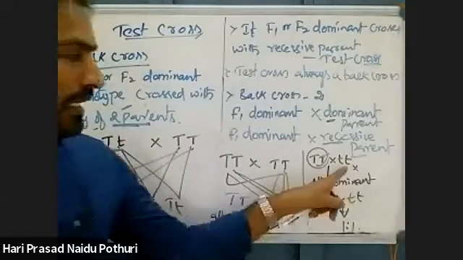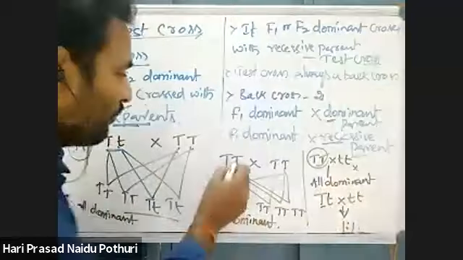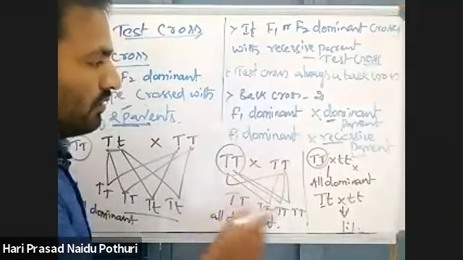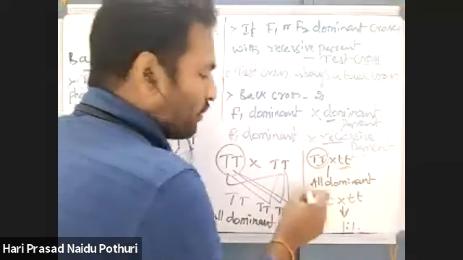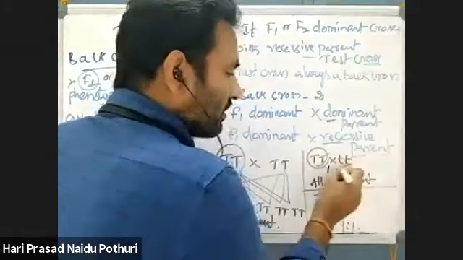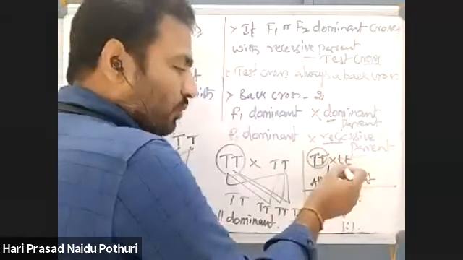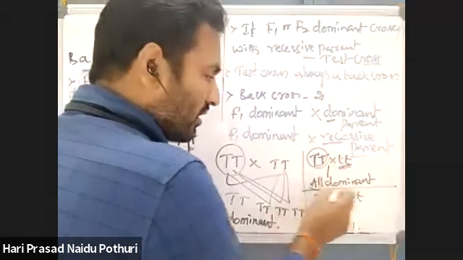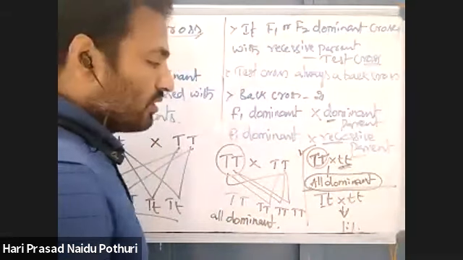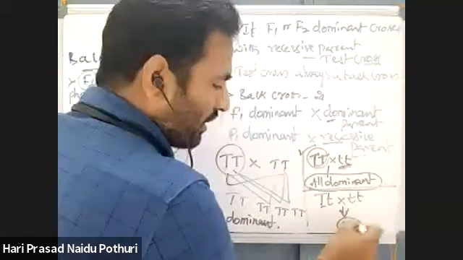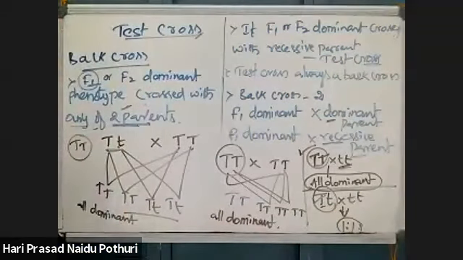So by selecting the recessive parent, we can find the genotype. If all progeny in the next generation are dominant, this is homozygous dominant. If a 1:1 ratio comes, this is heterozygous dominant.